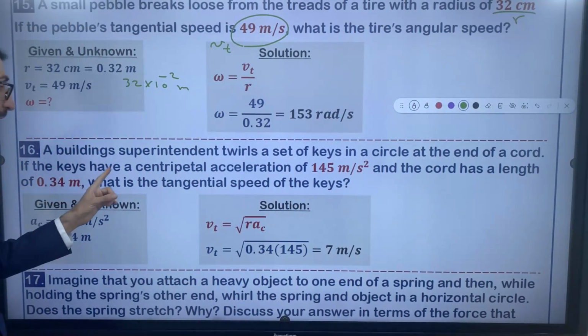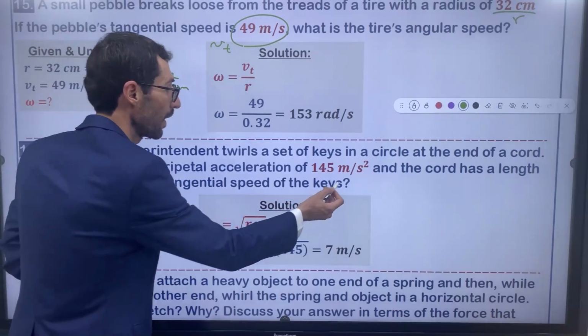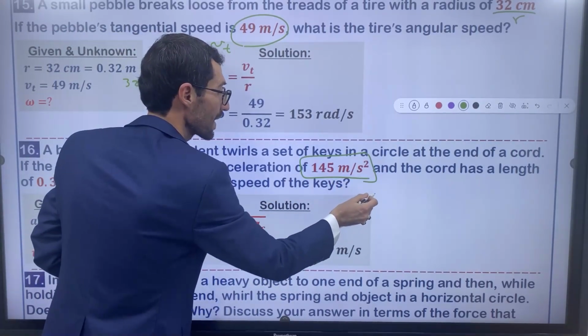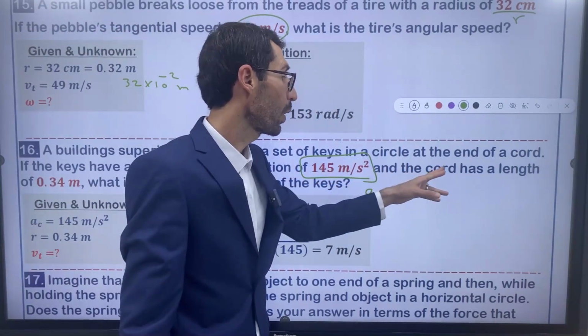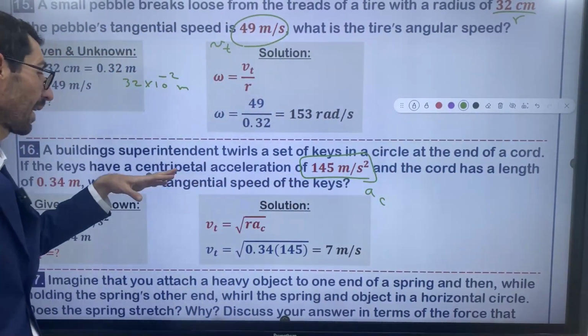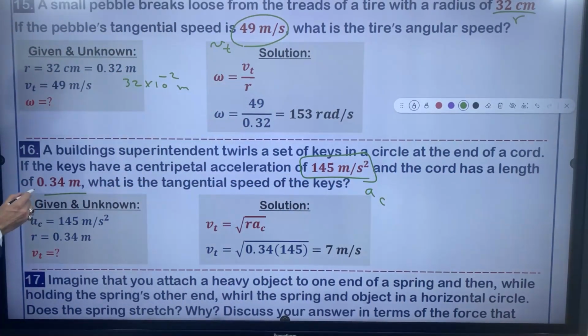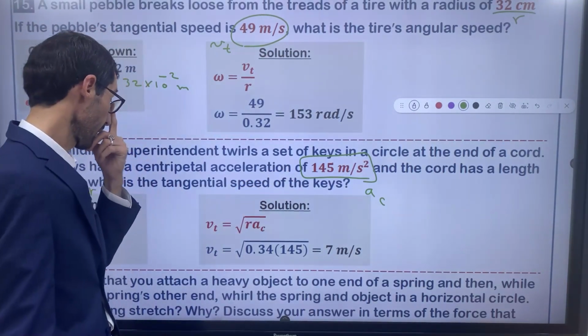If the keys have a centripetal acceleration of this number, and the court has a length of this value, the length of the court becomes the radius of a circular track, and this is AC.